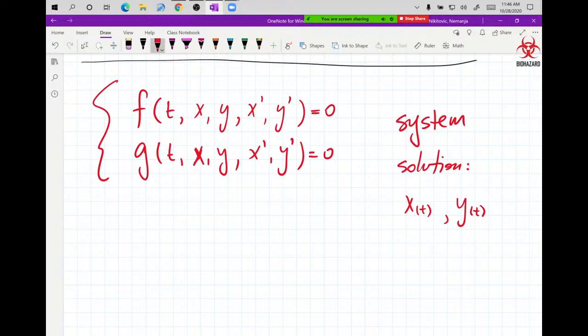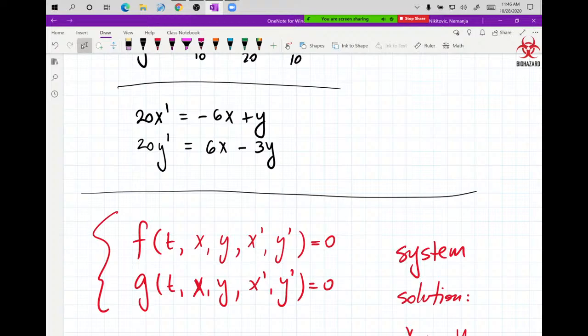Now, in differential equations, you have systems of equations and the solutions are functions, and you can do the same thing. Once you solve the system and get your x and y as functions, you plug in your function x, you plug in your function y, you plug in the derivative of function x, and make sure that the left side equals the right side. That's going to be the same idea as what you had before.